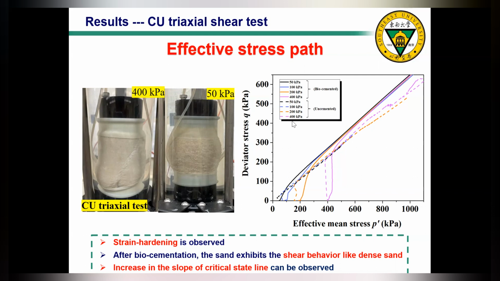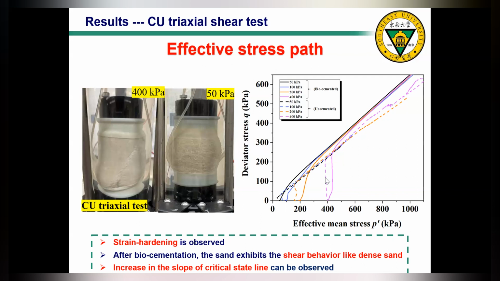Okay, so from the effective stress path graph, firstly, we can see that for both uncemented and bio-cemented sands, they exhibit strain hardening behavior, because it is a CU test. Secondly, after bio-cementation, the sand exhibits shear behavior like dense sand.